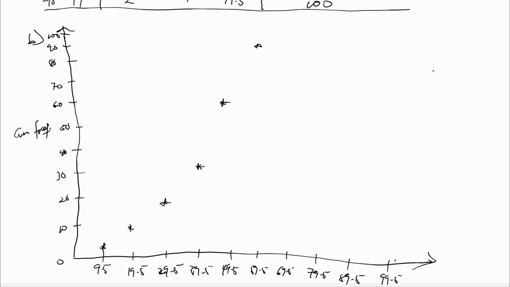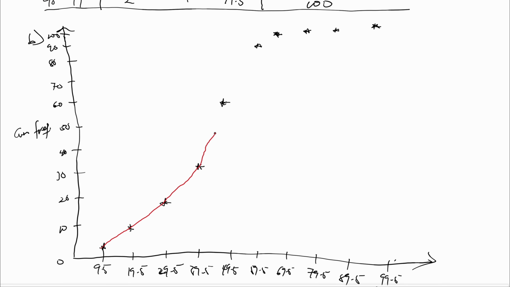For 79.5 is 95. For 89.5 is 98. And for 99.5 is 100. So we can join our points. So this would be our cumulative frequency curve.